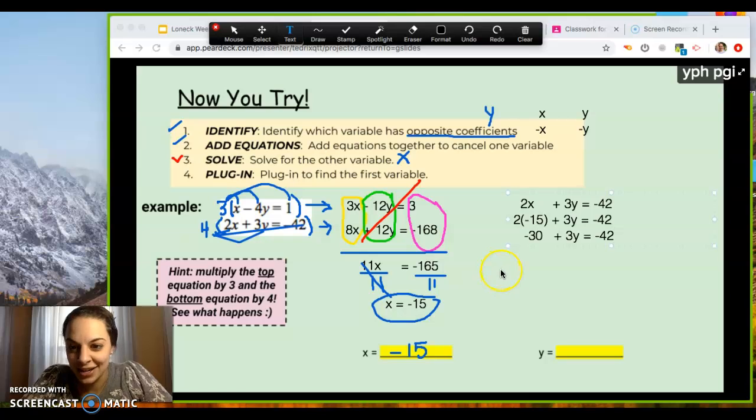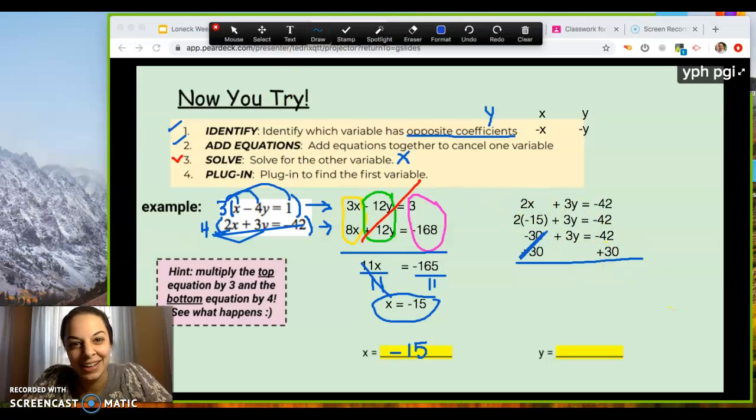Cool. At this step, I'm going to add 30 to both sides. And if you're not sure why I'm doing that, it's because I'm solving for y at this point. When I add 30 to both sides, the negative 30 and this 30 that I'm adding to both sides cancel out.